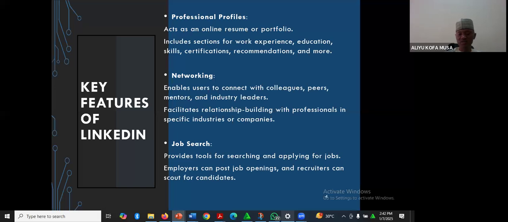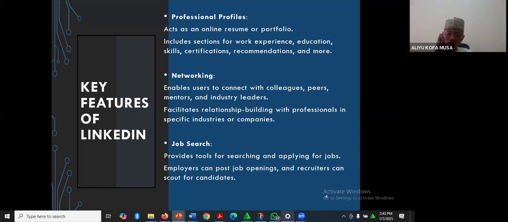It includes sections for work experience, education, skills, certifications, recommendations, and more, as you will come to see. This is one of the key features that most similar platforms do not have. That's why LinkedIn is recommended for career advancement. Then number two, a key feature of LinkedIn is networking.